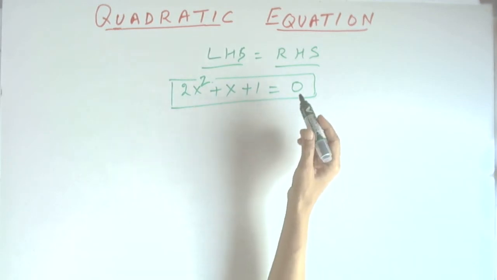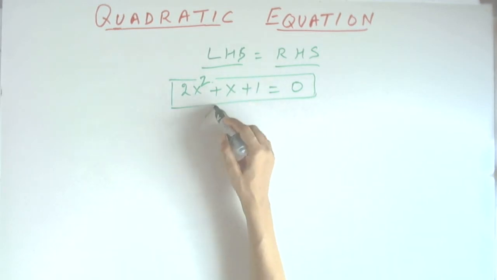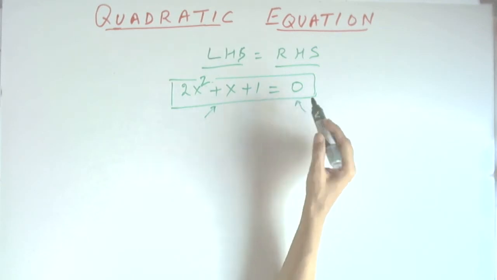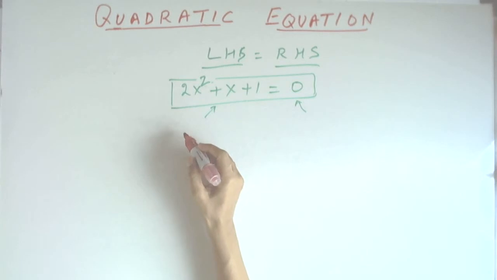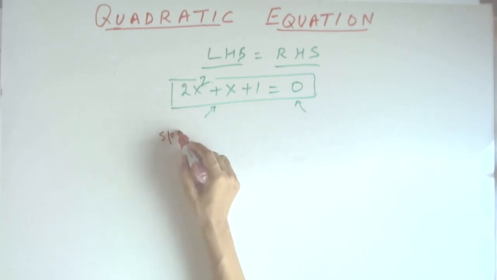So normally we bring all the terms on the left hand side, and then 0 is left on the right hand side. And as you know, the equation has the same value on the left hand side and the right hand side only for some specific values of x.